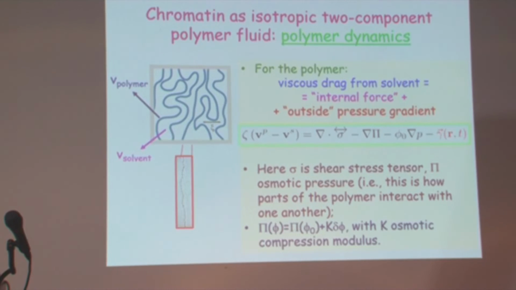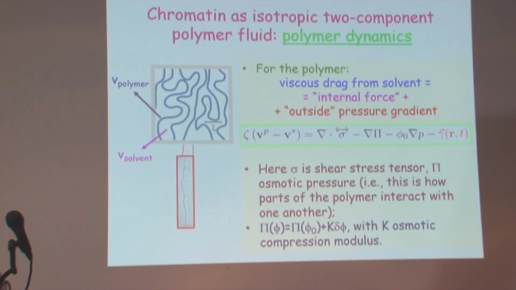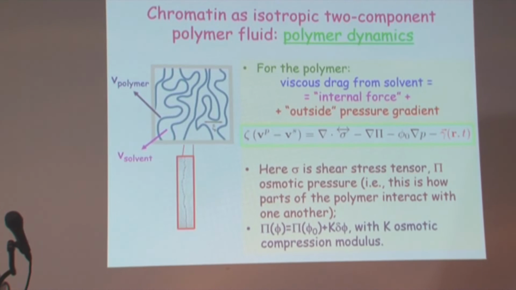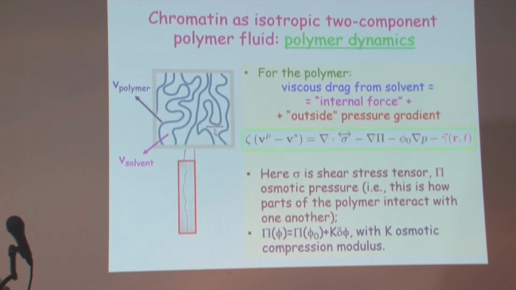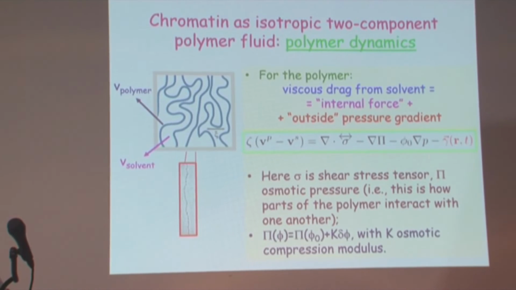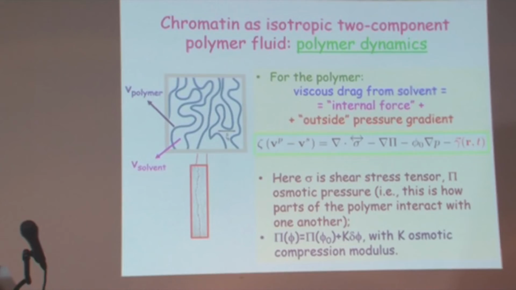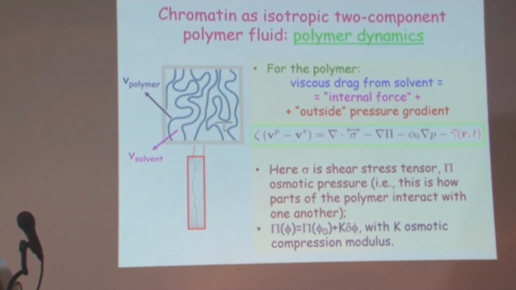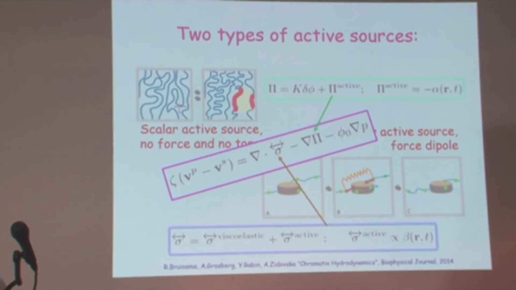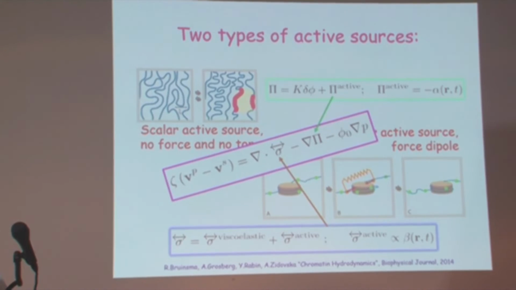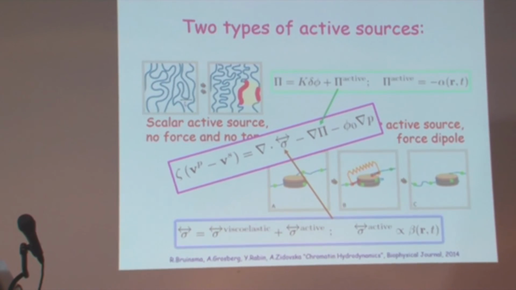That means if this table is a polymer and I am an active motor, then I can push it. But simultaneously, I push on the solvent, which in this case is the floor. Alexandra mentioned this to you, and you saw these pictures.